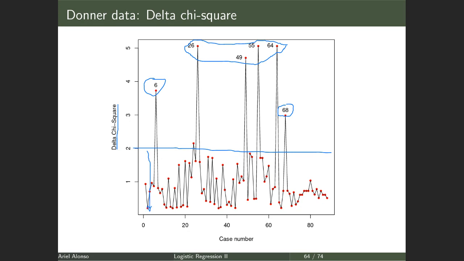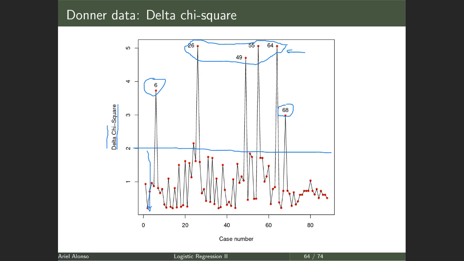Does that mean that these guys here are influential? Difficult to say, because we don't have a cutoff, but you may want to remove them and fit the data again and see what happens. But these guys are contributing substantially to the chi-square statistic for lack of fit. But in the donner party data, that chi-square statistic doesn't follow a chi-square distribution.